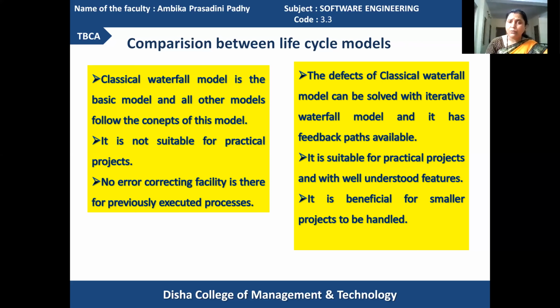Got it? We can reach a particular stage in a sequential manner, same as the classical waterfall model. And we can also go back to the previous stages wherever we have found mistakes or defects. The use of feedback paths gives this benefit.